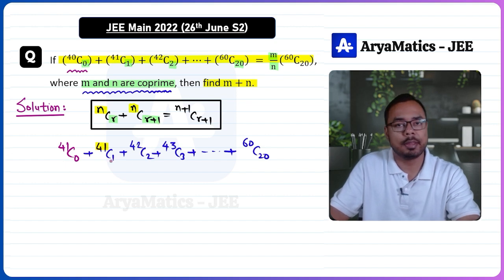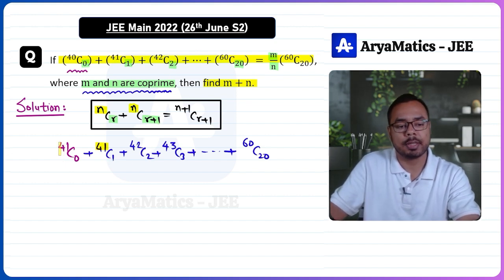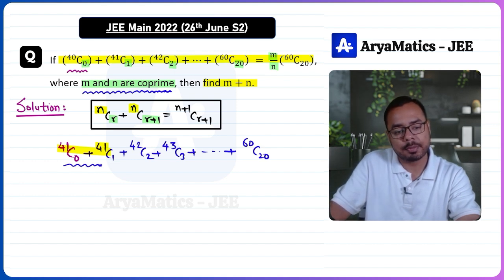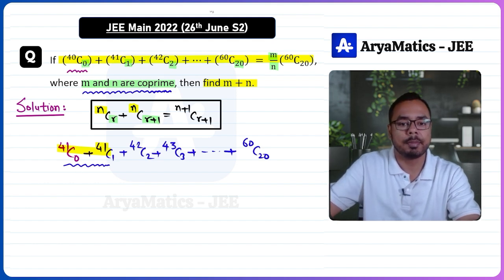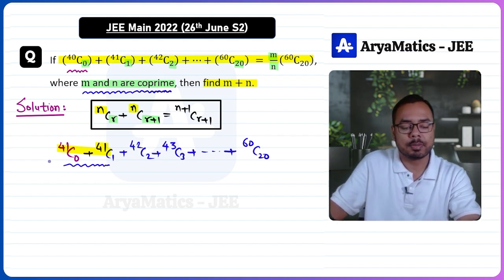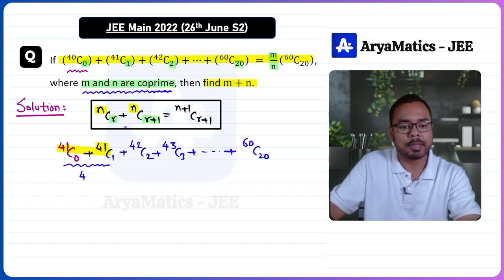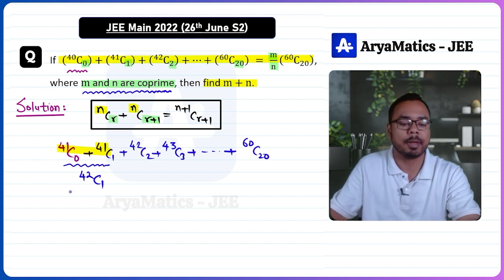And now you can combine the first two terms. One is NCR and the other one is NCR plus 1, so this will become n plus 1 CR plus 1. That means the sum of these two will be nothing but, from 41 you will get 42, and then C1.